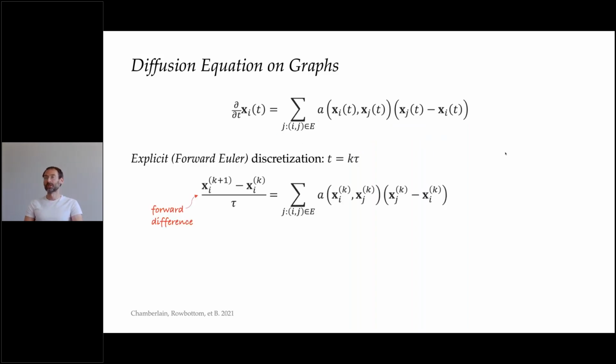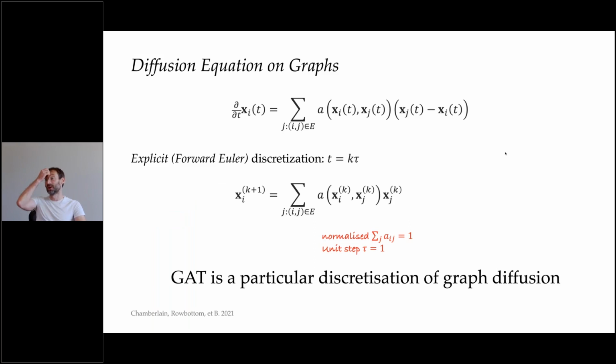And we can discretize it. The time variable here is continuous, so we can discretize it with fixed time steps using a numerical scheme that is called explicit or forward Euler iteration. And the updates of the quantity that we're diffusing, the node features, are given in this form, and we can recover the graph attention network as a particular case.